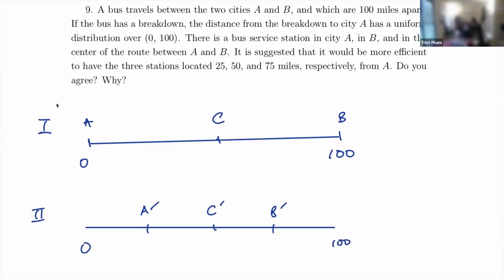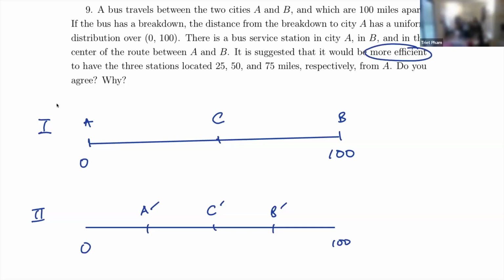So the question is, which one is more efficient? Of course, we haven't written down any quantities here yet. We just draw a picture. So now we have to interpret the word efficient.